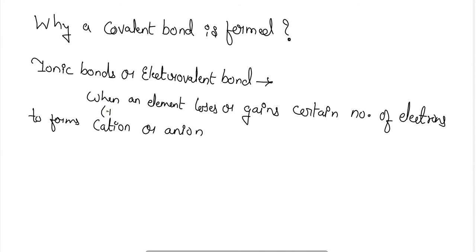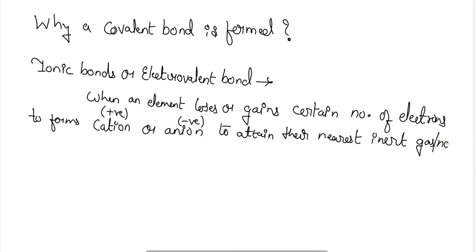Cation means a positively charged ion. Anion means a negatively charged ion. Cation or anion, to attain their nearest inert gas or noble gas configuration is called electrovalency.